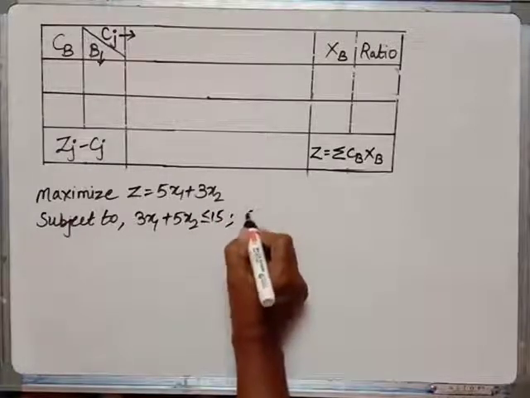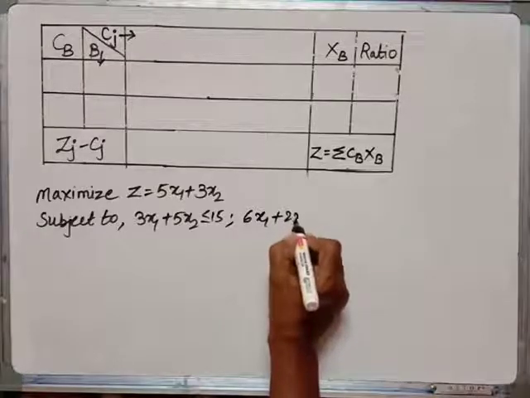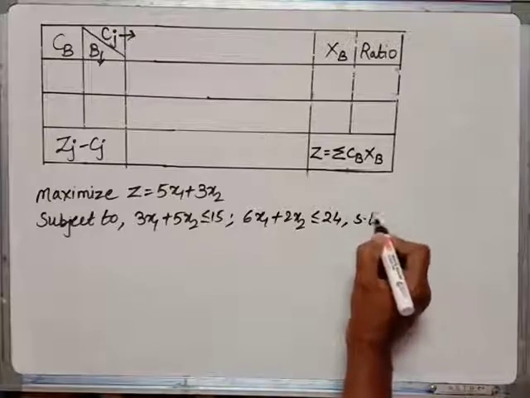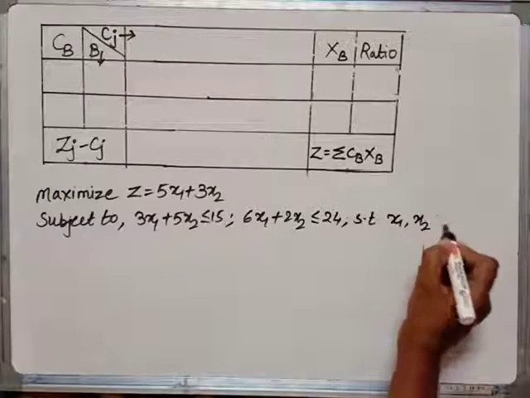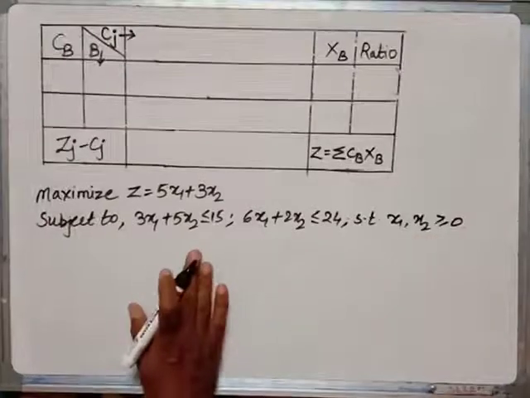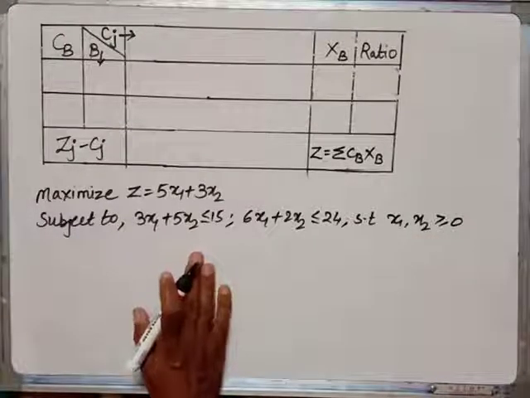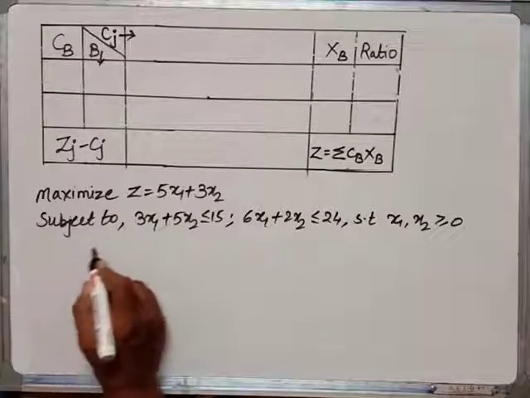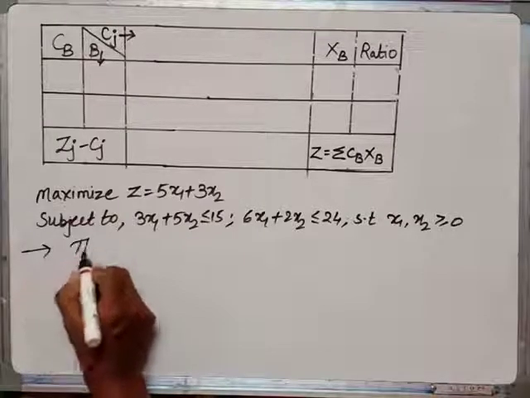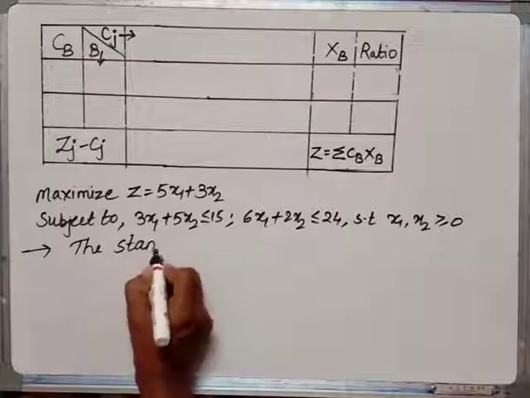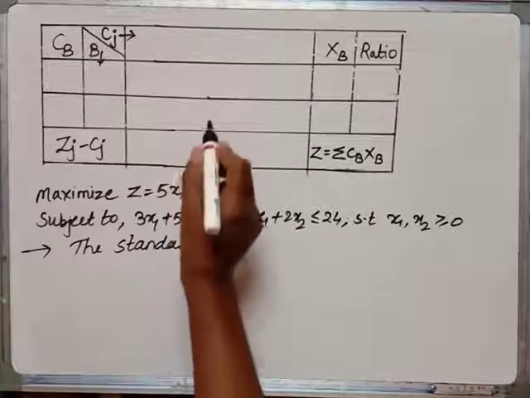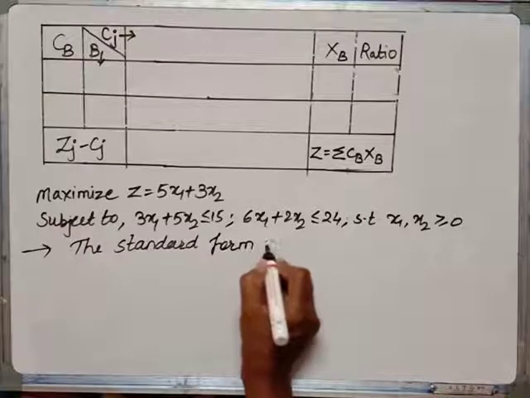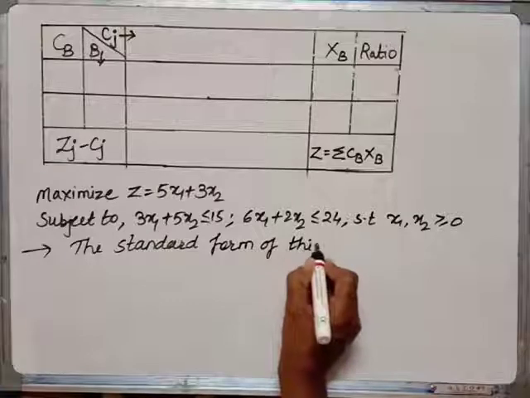Second constraint 6x1 plus 2x2 less equal 24, and such that x1, x2 greater equal 0. This is the first problem we had taken to convert the given LPP into its standard form and find initial basic feasible solution if exists. You can check that. What is the standard form? Already I had taught you. The standard form we are using in an initial simplex table. Now what is the standard form of this LPP here?